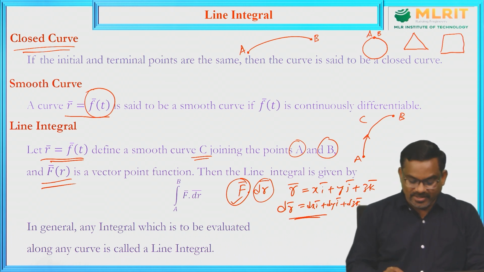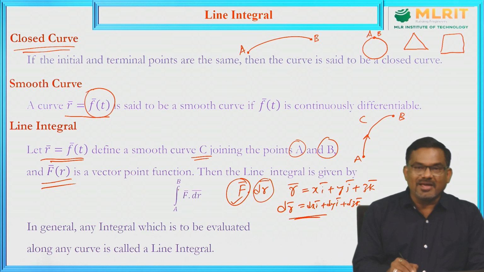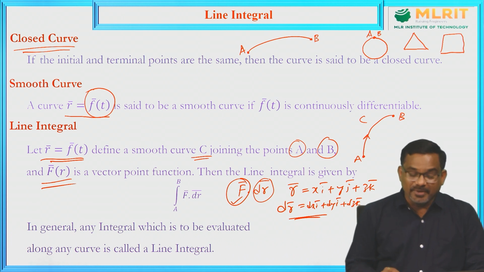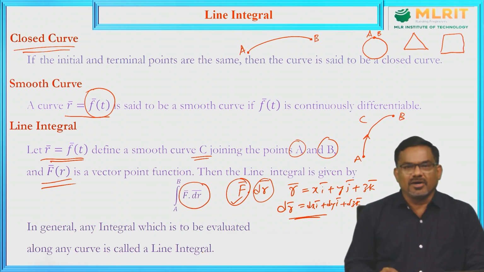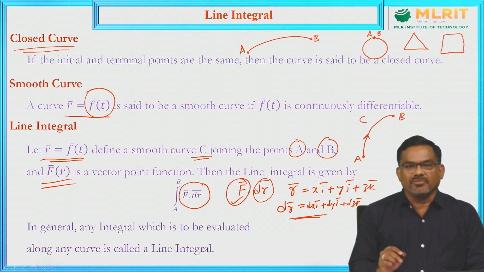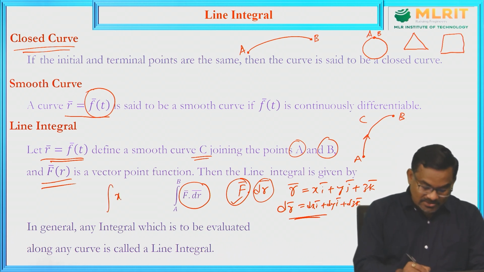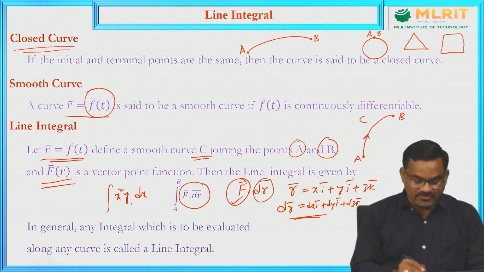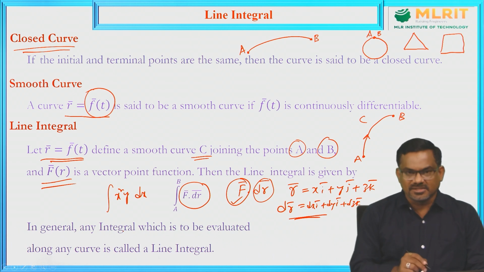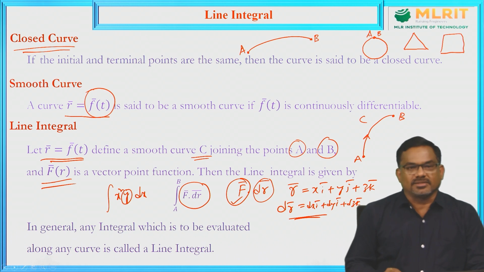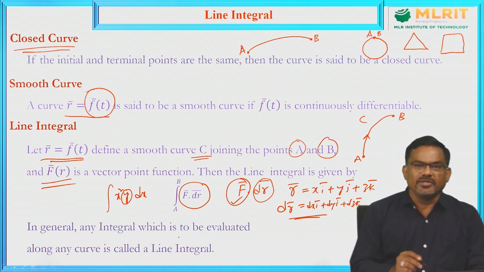And here the main point is that in the line integral we evaluate the integral of f bar dot dr bar once only. So single integration. That means the result of this f bar dot dr bar must be in the form of a single variable. For example, if we have x square y and we are integrating with respect to x, how can we integrate this y? This is not a multiple integral, this is a single integral. So in that case, we transform y also into x.